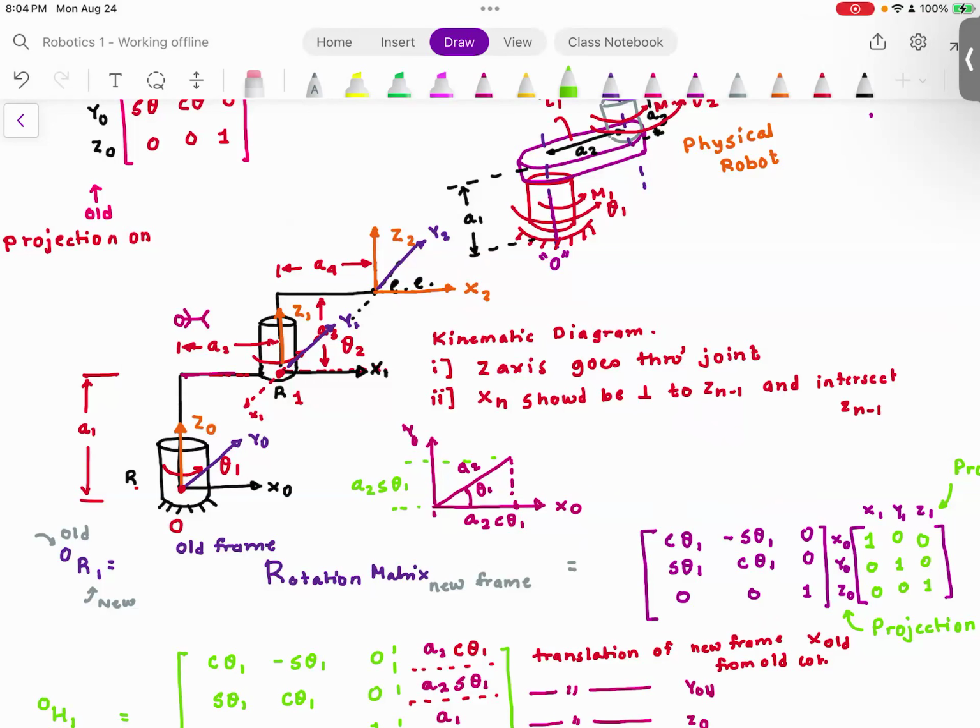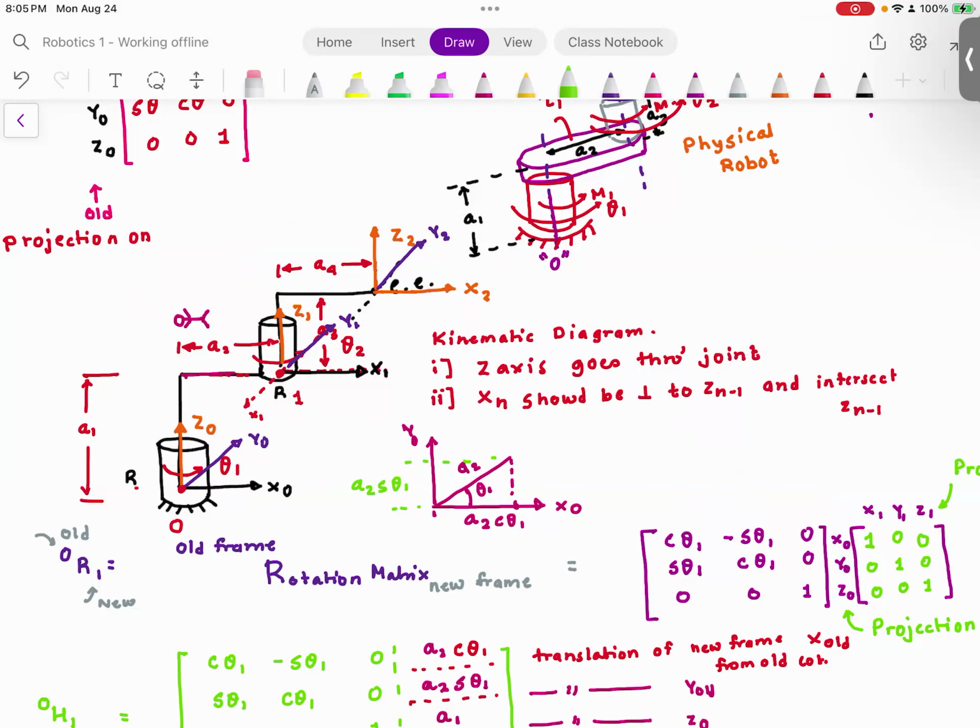You agree with me? Other than that, everything will remain the same. Now, I will derive this, but what I want you to do is focus on the frames x1, y1, z1 and x2, y2, z2. Do you agree with me?